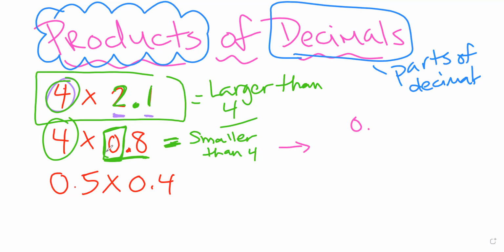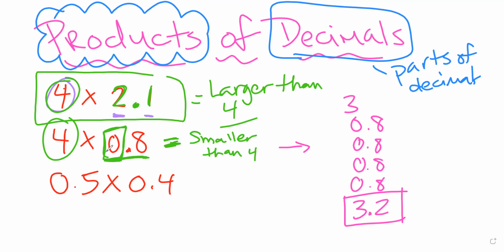We have 4 and 8/10, so I'm just going to line up 4 of these. 8, 16, 24, 32. The decimal comes straight down. So 3 and 2/10, which, look at that, is smaller than 4. So when I take 4 and multiply it by a number smaller than 1, I actually end up with a smaller value than the number I started with, which is crazy, right?